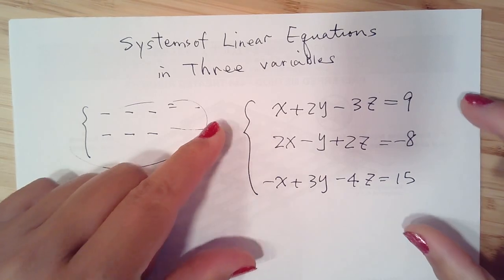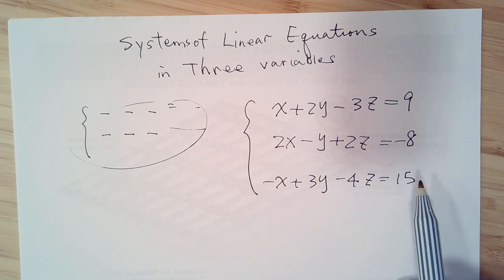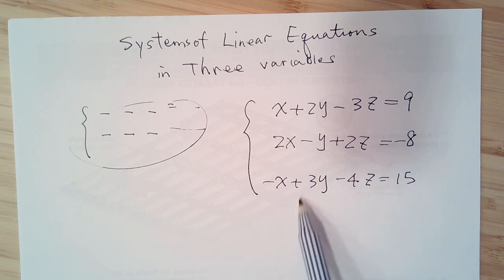This is a very typical system of linear equations in three variables, x, y, z. Your job is to find x and y and z. You find that solution, so you find the value for x, y, z, and you bring it back to each of these three equations. They're all equal.